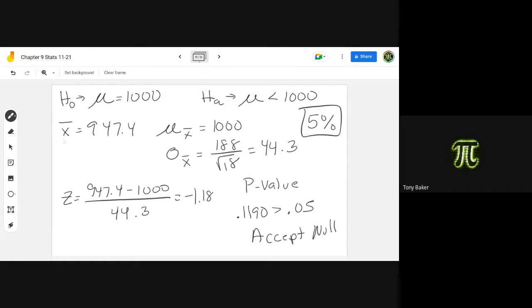So this stuff right here, actually all the way down to here, except for the null hypothesis part, was exactly what we were doing in chapter 8, and for the most part in chapter 6, actually.